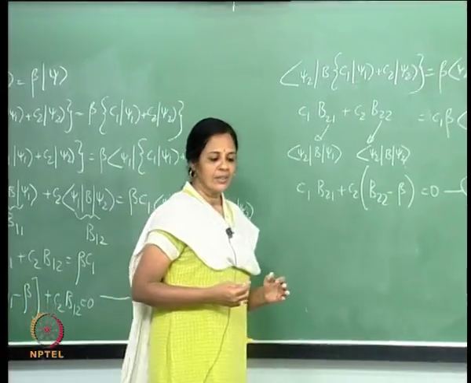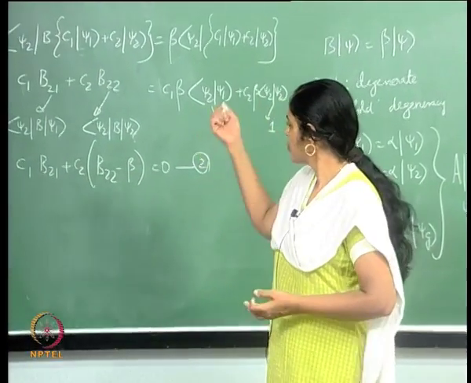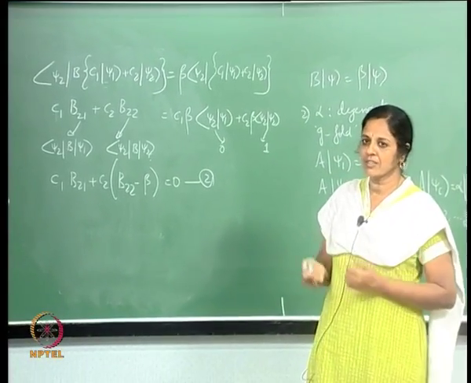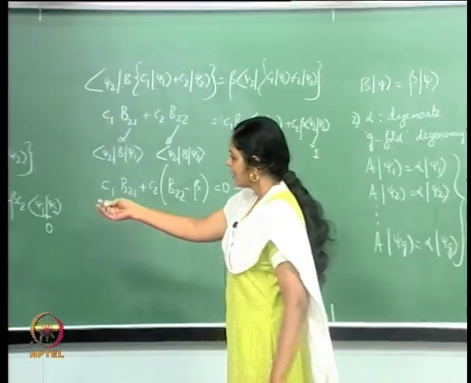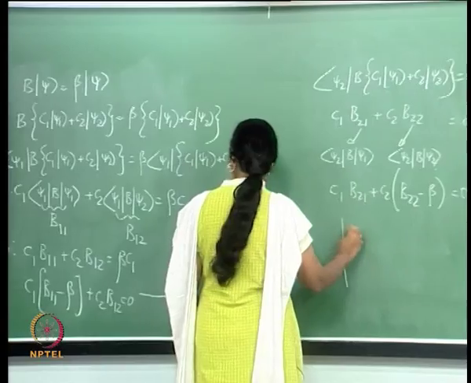Now, clearly, if indeed it is possible to have this superposition to be an eigenstate of B with some eigenvalue beta, the determinant of the coefficients given this way should be 0.